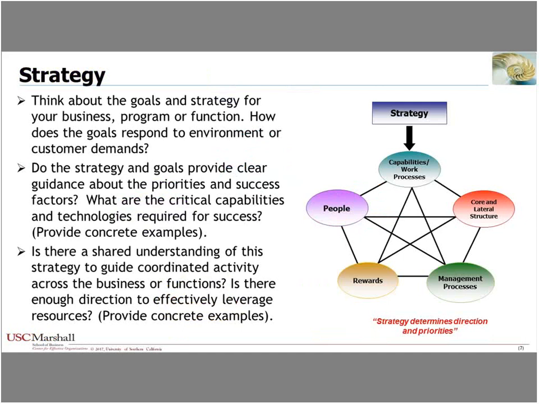I think one of the things that Sue and Beth and I are really clear about is the importance of starting off with strategy. We think that any organization that is going to go through a design process really needs to be clear about what their strategy is. And this applies to the corporation or the entire enterprise.